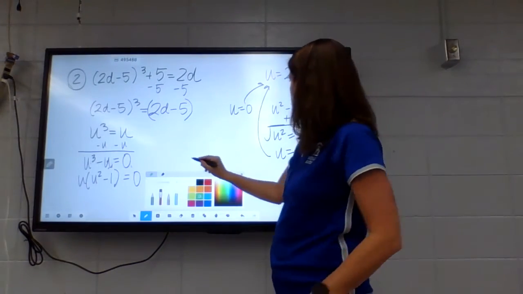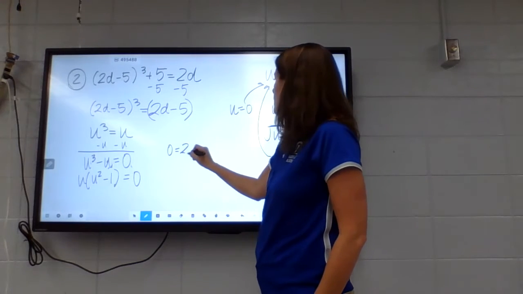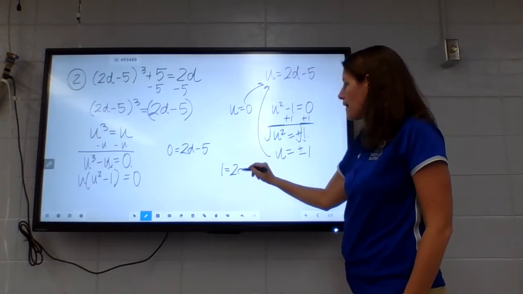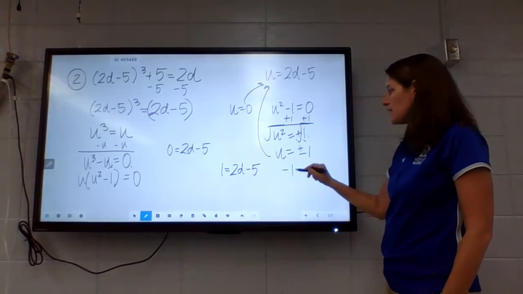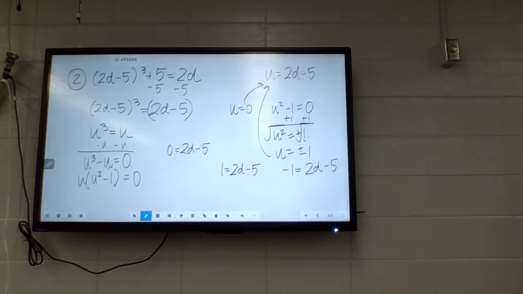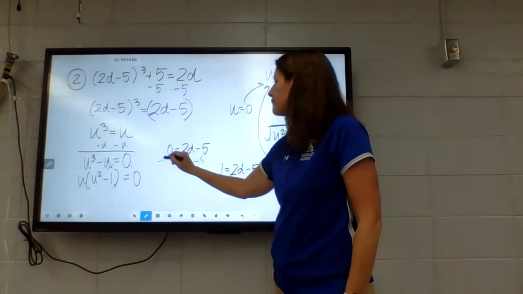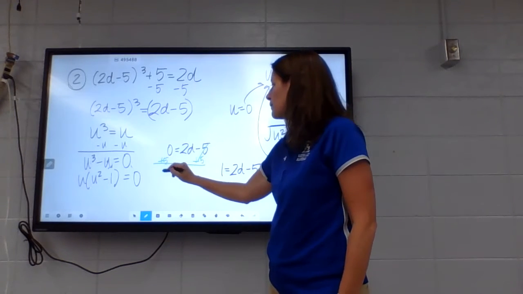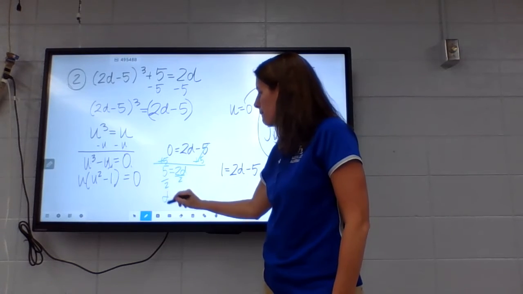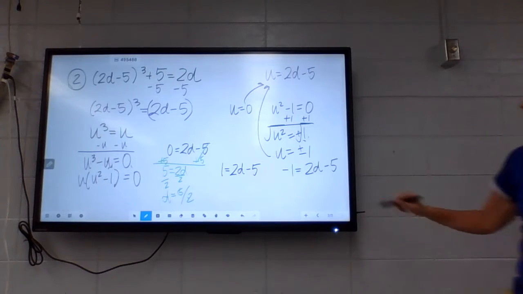So now I'm going to put that in. So I'm going to have 0, whoops, 2d minus 5, 1 equals 2d minus 5, and then negative 1 equals 2d minus 5. So I have essentially 3 equations to solve that could give me all my outcomes here. So d is 5 over 2.